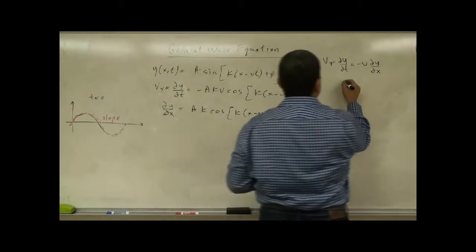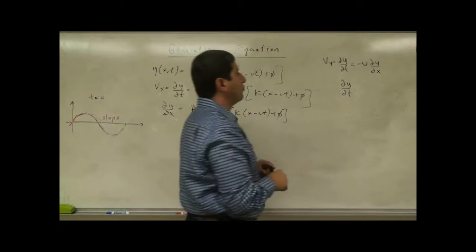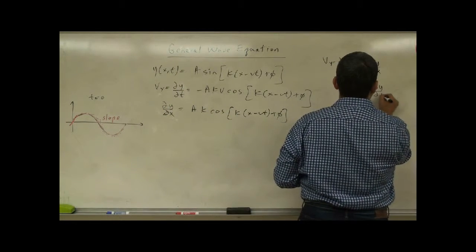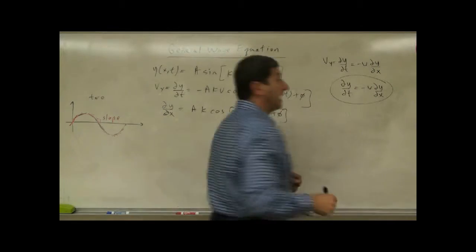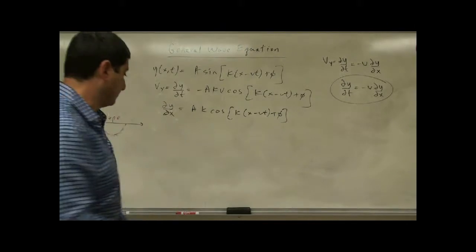So you see the general relationship: the partial derivative of y with respect to t is equal to negative v times the partial derivative of y with respect to x. Now we're going to take the partial derivatives again and come up with another equation, right?